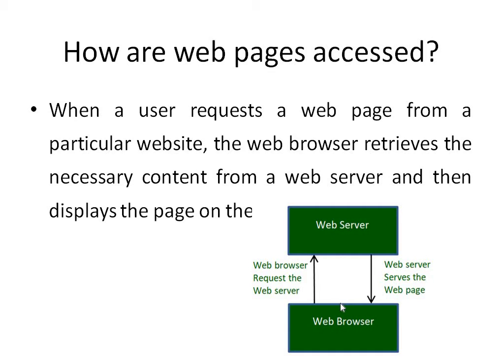This is the communication between the web browser and the server. The browser is nothing but the client requesting some web pages from the server, and the server locates the appropriate web page and delivers it back. So when a user requests a web page from a particular website, the web browser retrieves the necessary content from the web server and then displays it on the page.